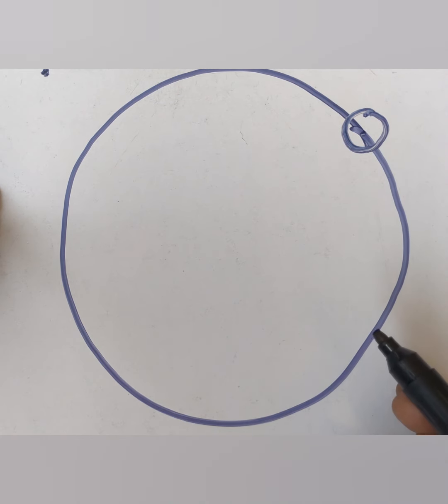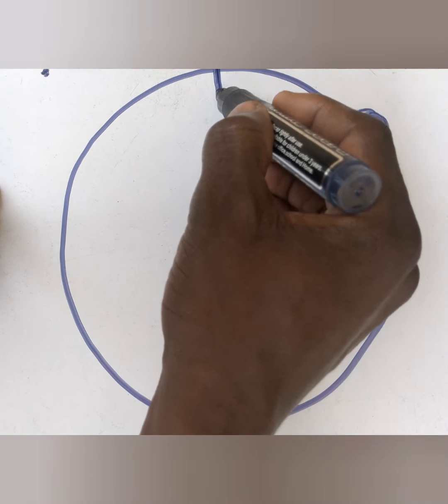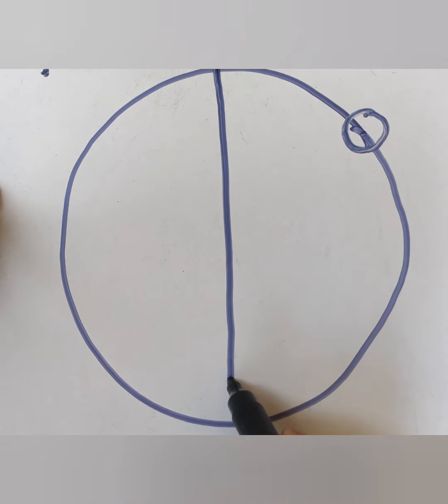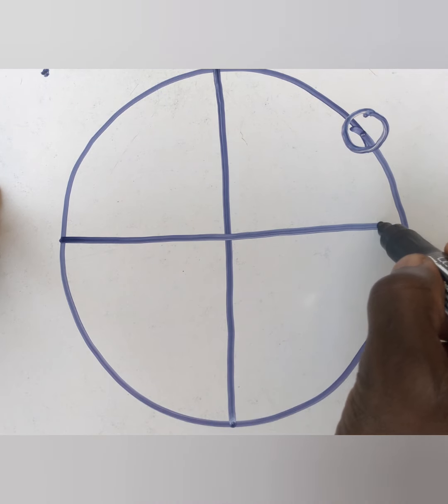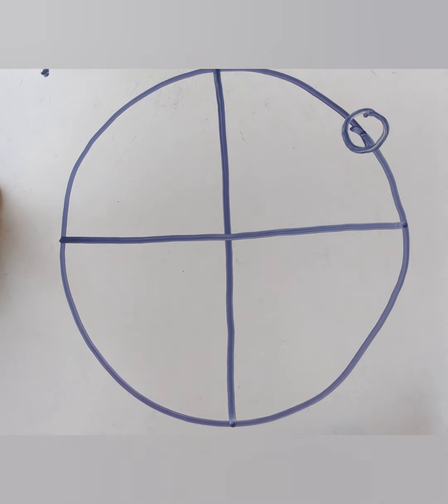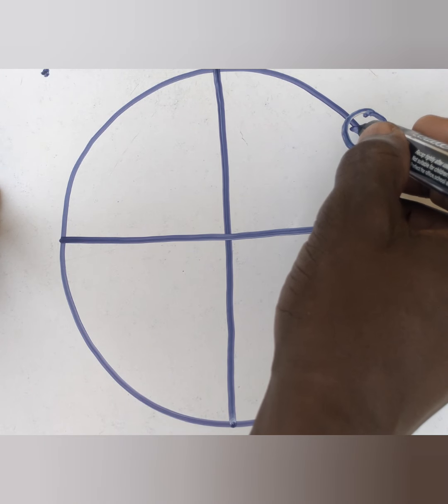Let me divide the circle into quadrants such that this is the radius of the circle.